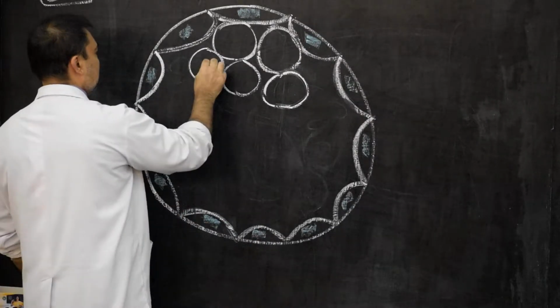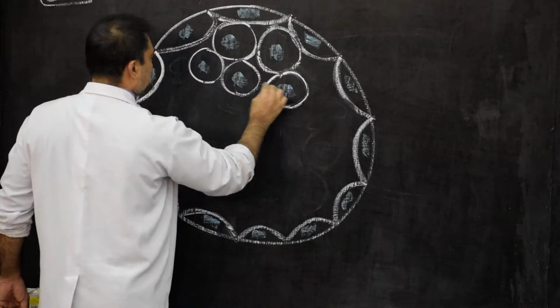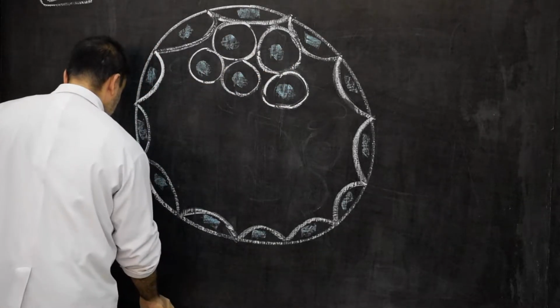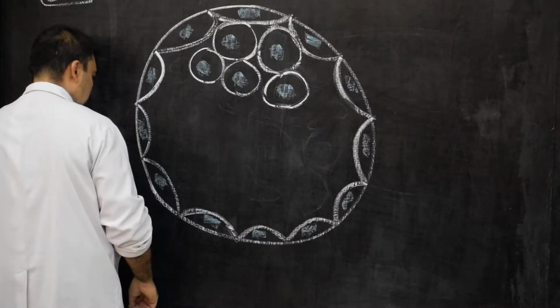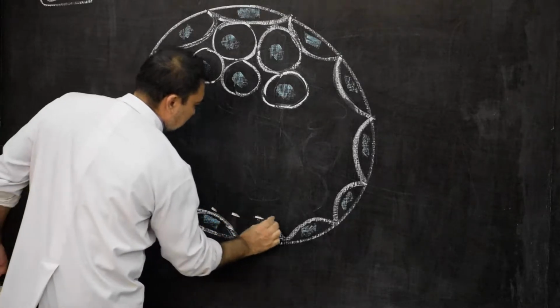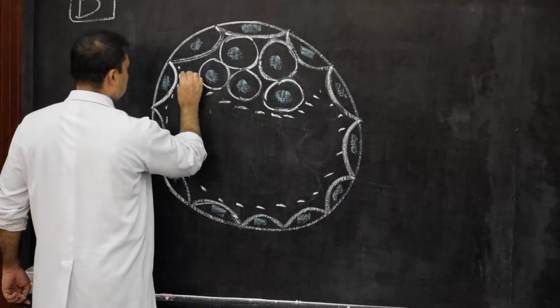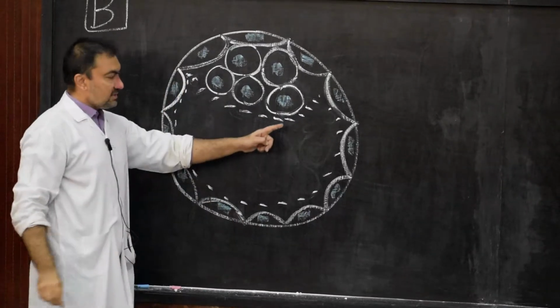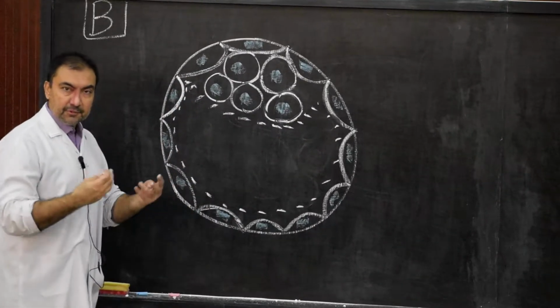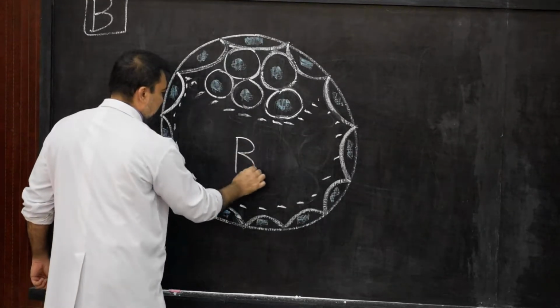We will put the nuclei inside, and we will now draw and show this cavity. Now here I will just line it. This is the lining to show the cavity. So this cavity, which has been created because of fusion of the small intercellular spaces, is known as blastocele.